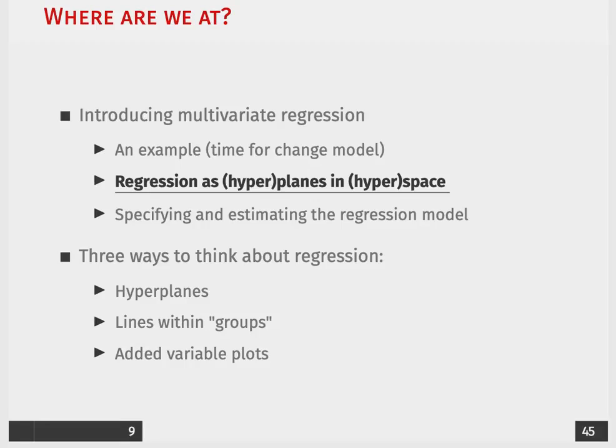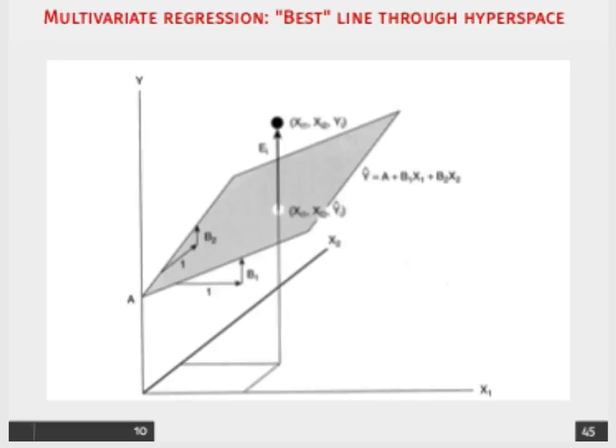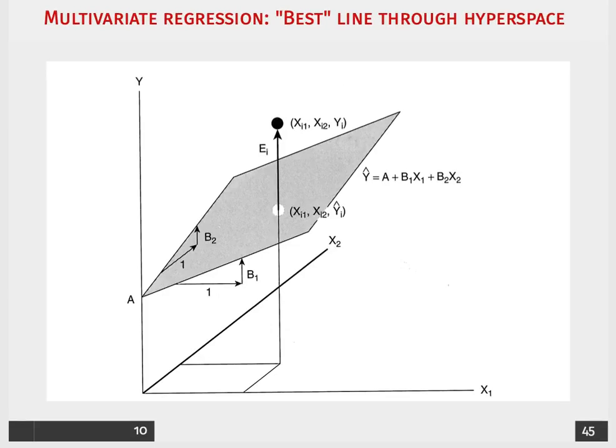Now that we've motivated multivariate regression with our example, I want to stress and begin to discuss the exact nuances of what we're doing. Precisely, if we are just adding one extra variable here, so we're only talking about two covariates and our outcome, please remember how we're drawing the best linear line through our x1 and our y.